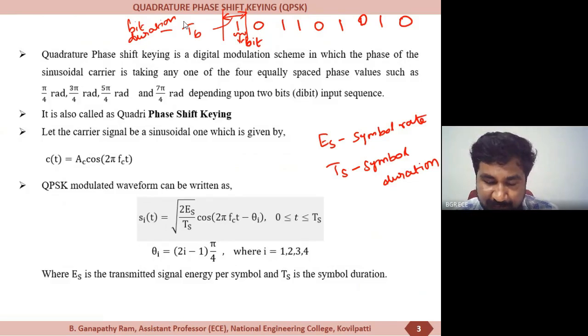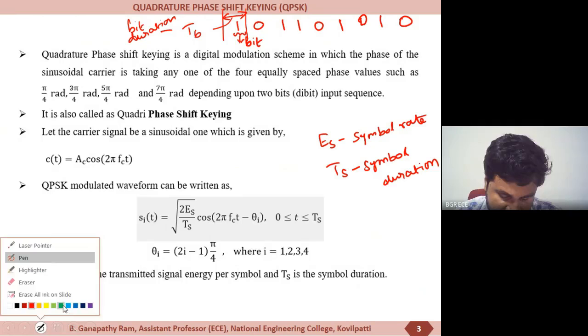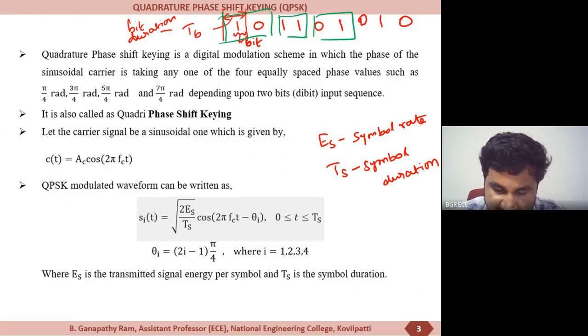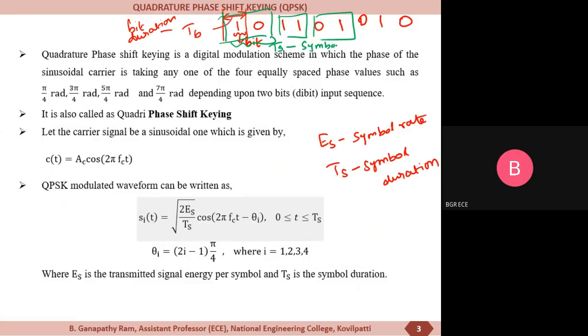But in the case of QPSK, we are considering 2 bits as one symbol. So here, for one bit, the time duration is Tb. For 2 bits, the time duration is Ts, that is the symbol duration.